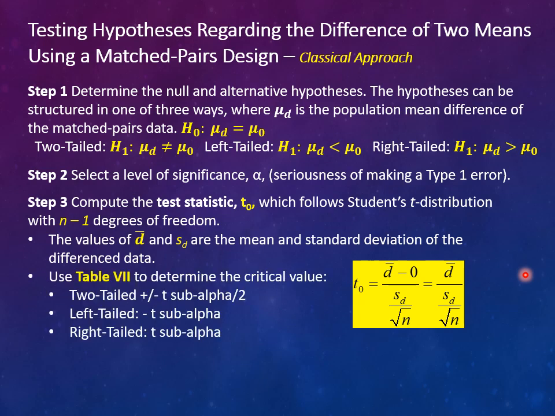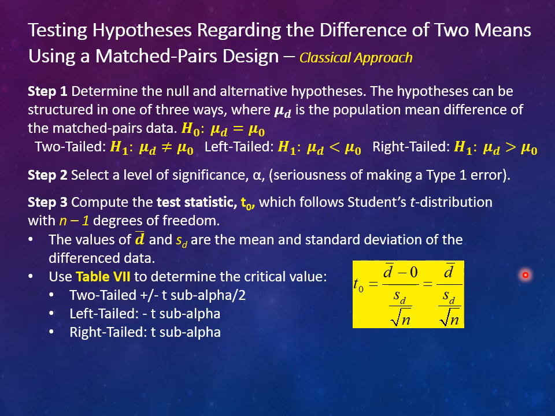And then we use table 7 to determine the critical value. Remember, for two-tailed, this is plus or minus t sub alpha over 2, right? Because we have to include both of those areas to the left and to the right, because it's on the endpoints. The left tail is negative t sub alpha, and then the right tail is just t sub alpha.